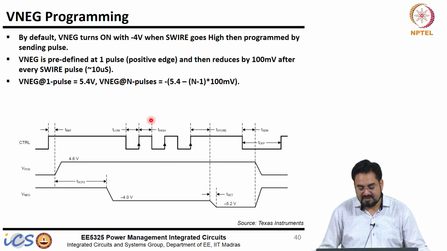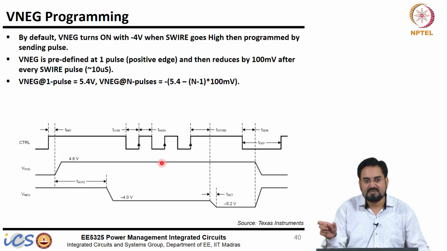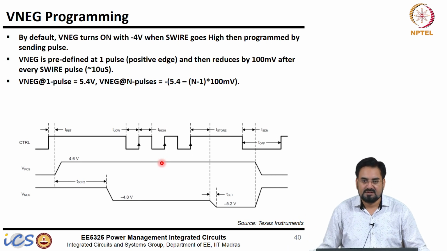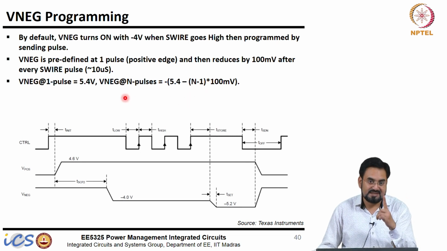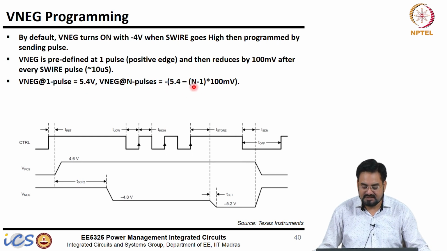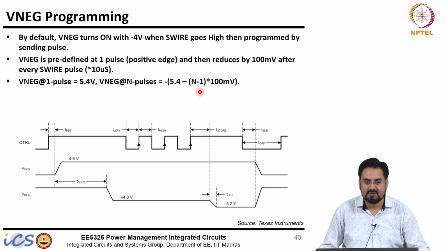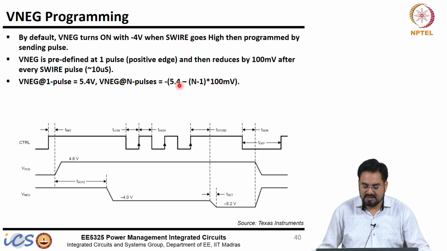And then after that, every pulse that comes will reduce it by 100 millivolt. Okay. So, the number of pulses will always be counted from the single pulse reference. So, we know one pulse is minus 4 volt. If I send 2 pulses, let us say, then it will be reduced by 100 millivolt. So, you will get minus 5.3. So, that is how.